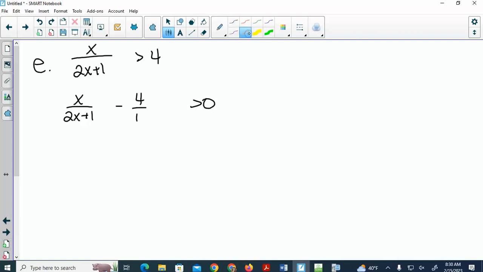If you want to add or subtract fractions, they have to have the same denominator. This one has 2x plus 1, so I'm going to multiply the 4 by 2x plus 1.